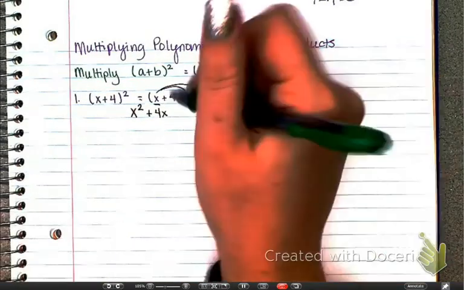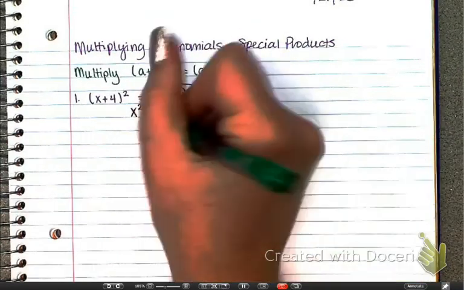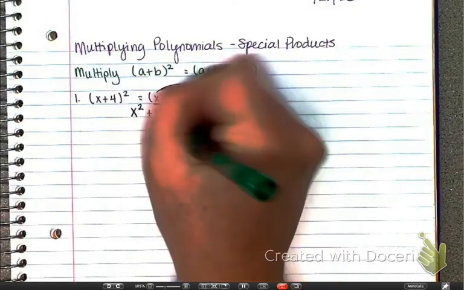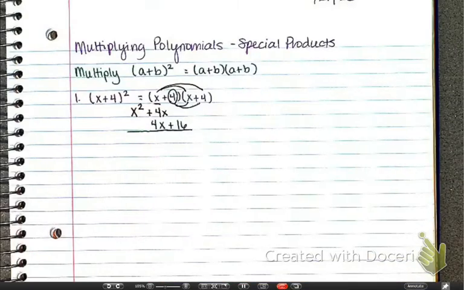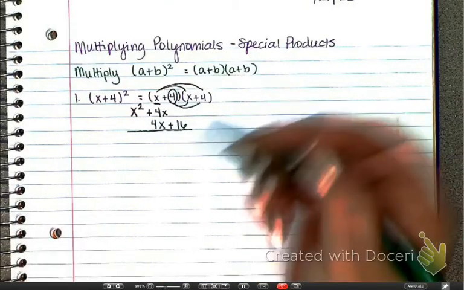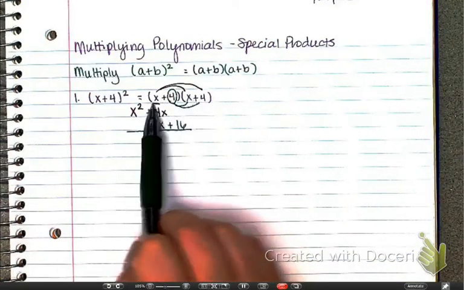I'm going to take the second term and distribute to both terms. 4 times x is 4x. 4 times 4 is 16. So this middle term here is always going to be the same if these are exactly the same.